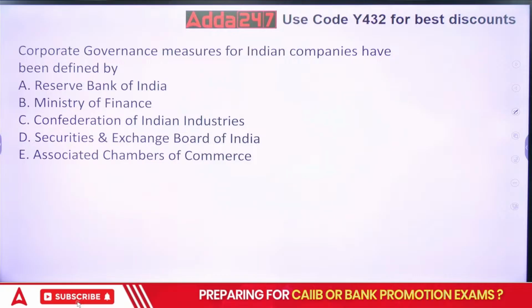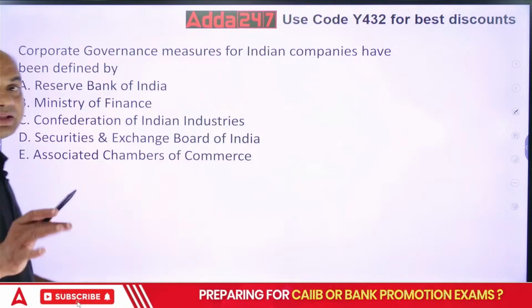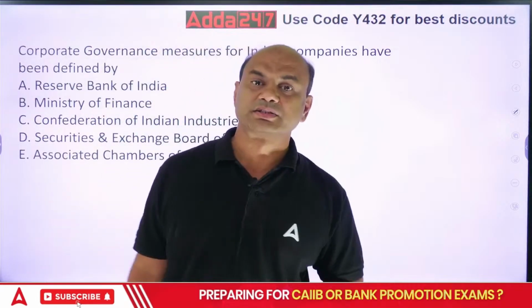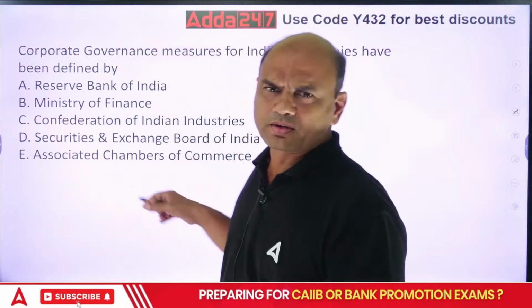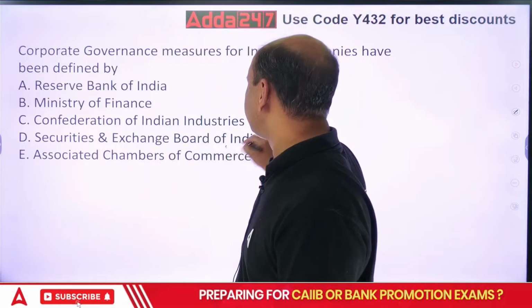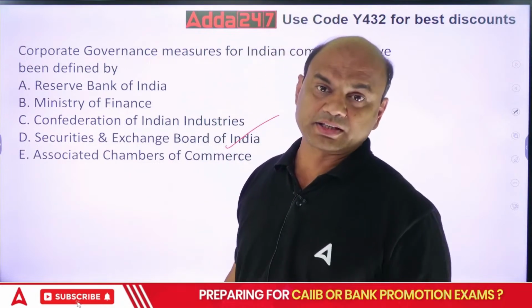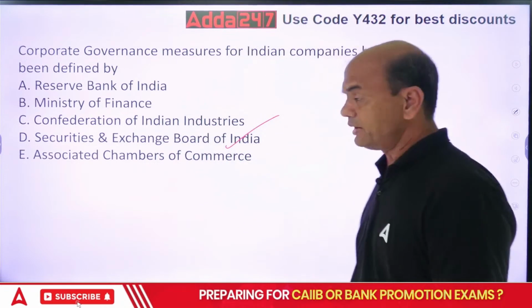Basel 3 is a major part. Basel 3 covers mainly this corporate governance. So who defines the corporate governance rules? It is defined by SEBI, Securities and Exchange Board of India.